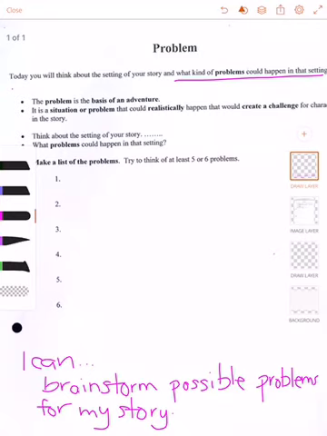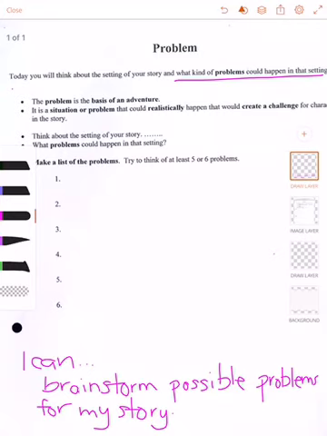In Miss Rachel's example, the setting was space. If our problem has nothing to do with space, and I'm talking about the beach, then we know there's a disconnect. So make sure you're building on it. I'm going to continue Miss Rachel's examples for character and setting, so my problems are going to be related to the setting that she chose and you chose together.